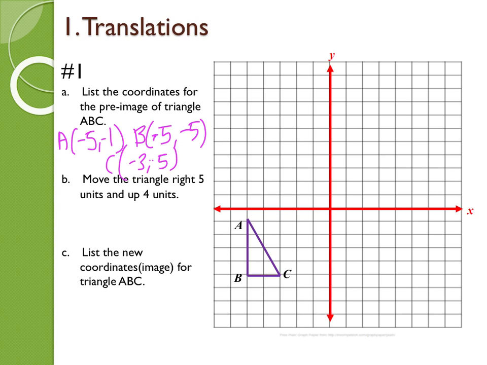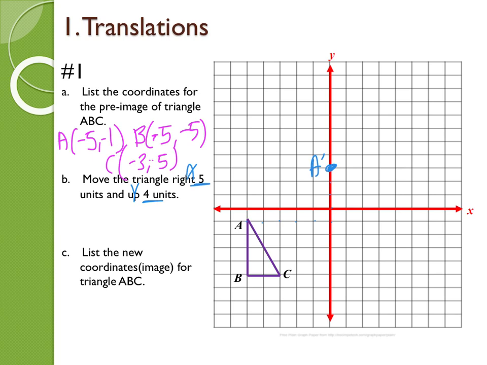I'll switch colors. So we're going to move the x right 5, and the y is going to go up 4. Okay, so I'm going to start my A, and 1, 2, 3, 4, 5. 1, 2, 3, 4. This would be A prime, because it's the image, so it's going to be A prime.